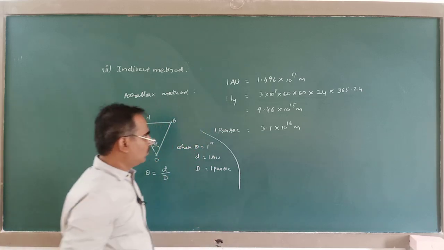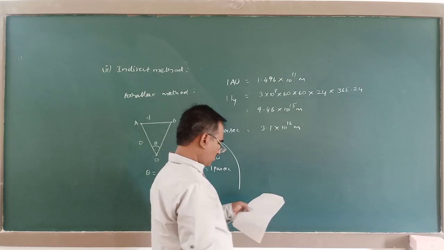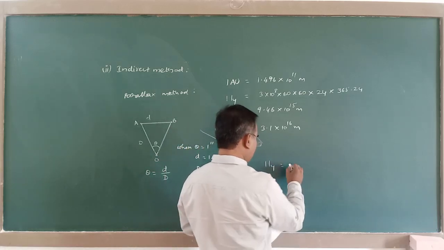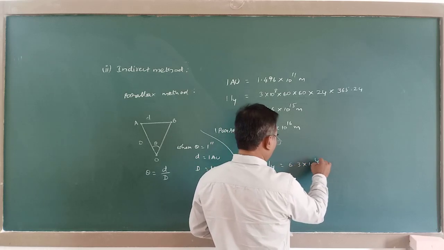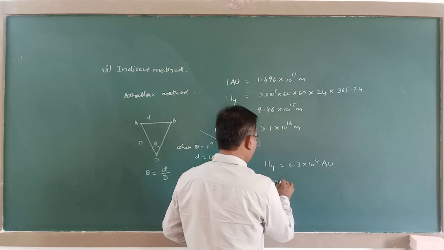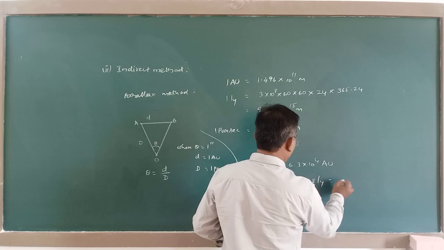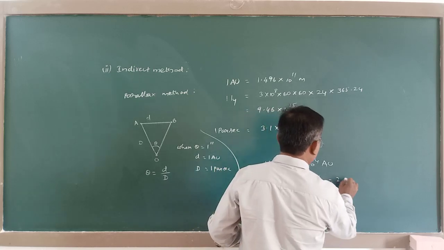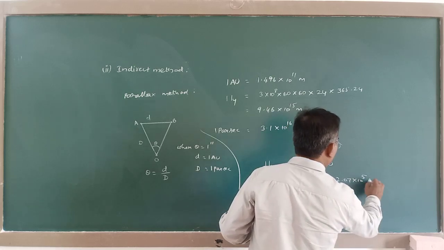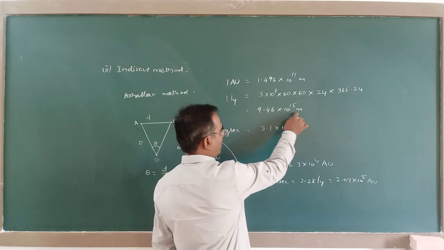You should also know the conversion between these units. The conversion is: 1 light year is equal to 6.3 into 10 to the power of 4 astronomical units, and 1 parsec is equal to 3.28 light year or 2.07 into 10 to the power of 5 astronomical unit, and this is equal to this many number of meter.